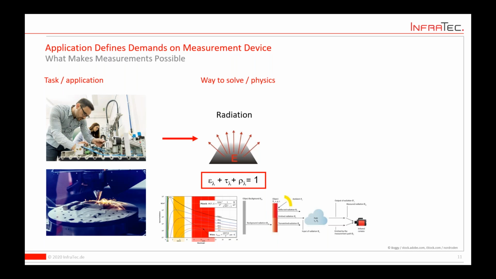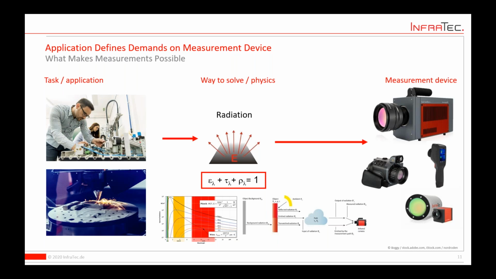So mainly it's about contactless temperature measurement, and there is some basic fundamental physics in here. You checked them and you came to the conclusion that a measurement device, an IR camera, will help you fulfill your tasks. And now it's your job to find the product fulfilling these tasks.